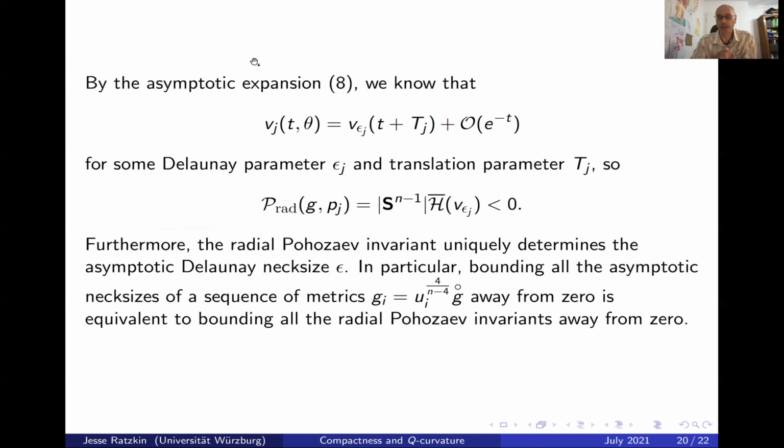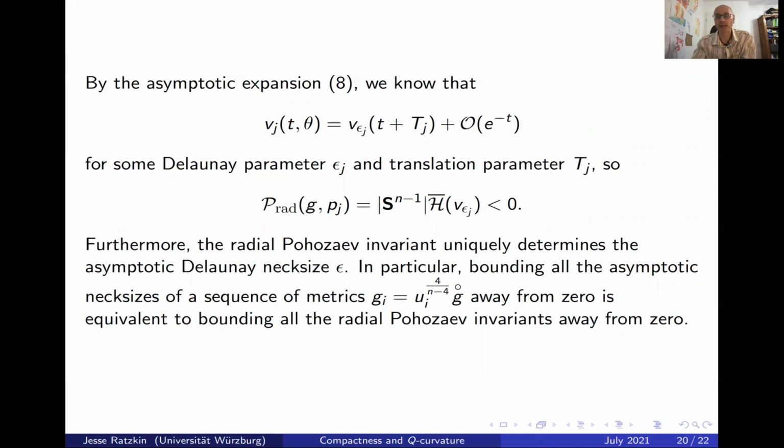Furthermore, I can use the asymptotic expansion that we described a couple slides ago. I know that my v_j is actually some Delaunay solution v_epsilon_j plus a term that decays like e to the minus t.